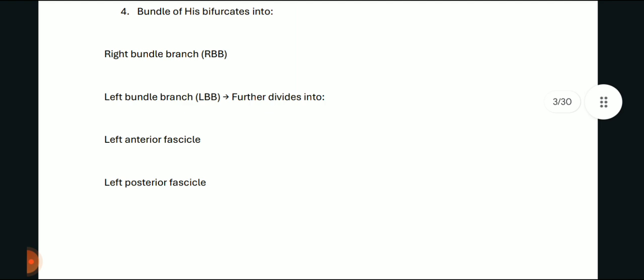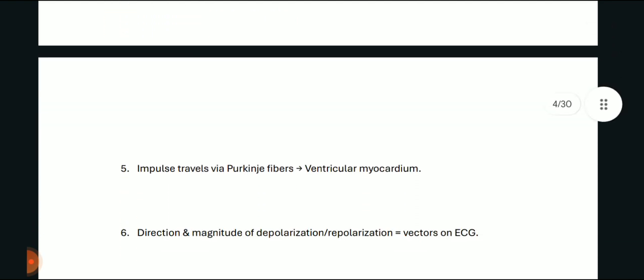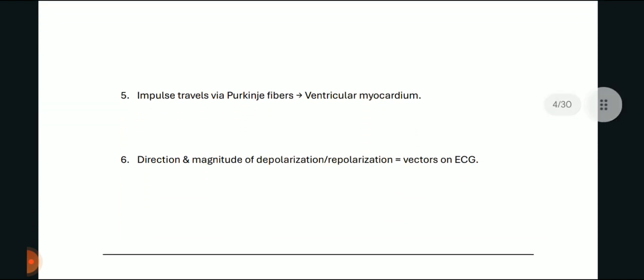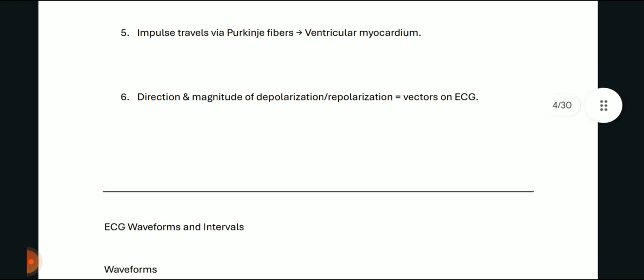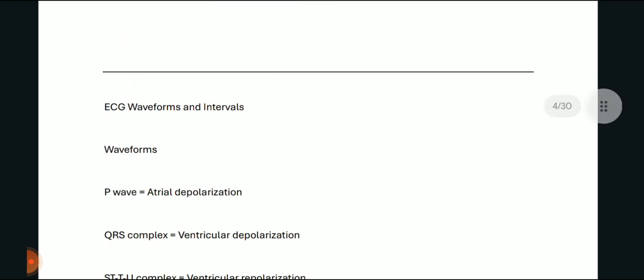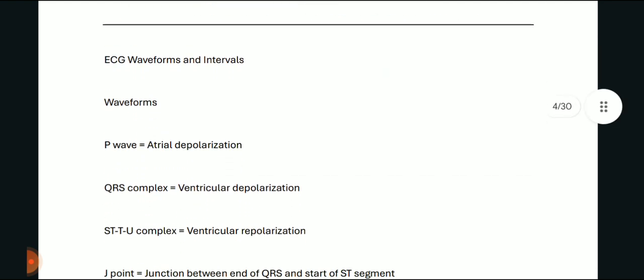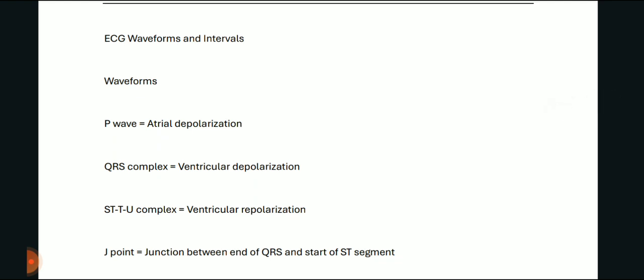The left bundle branch further divides into the left anterior fascicle and the left posterior fascicle. These impulses at the terminal end travel via the Purkinje fibers and supply the ventricular myocardium. The direction and magnitude of depolarization or repolarization is what the vectors on ECG represent. So this is the basic flow of current of the heart, which we mostly know from our previous studies.